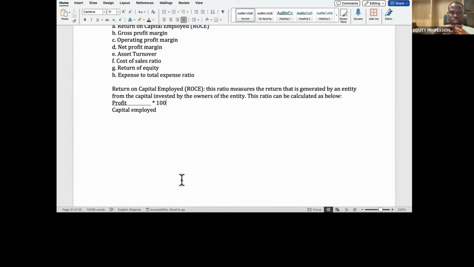If you compute this ratio and you're getting, let's say, 10%, that will not really mean so much in a particular year. When it comes to ratios, the result you get will be meaningful when it is compared with a base.